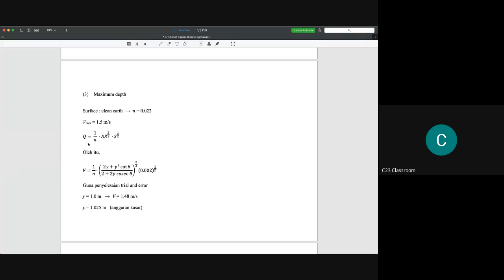But if you realize that Q is equal to A times V, you could eliminate the influence of A. So if you just use V equal to 1 over n times the rest of the equation, your calculation is simpler because you don't need to calculate the value of A. We substitute the value of n and the slope, and we already know that we are targeting a velocity of 1.5 meter per second.